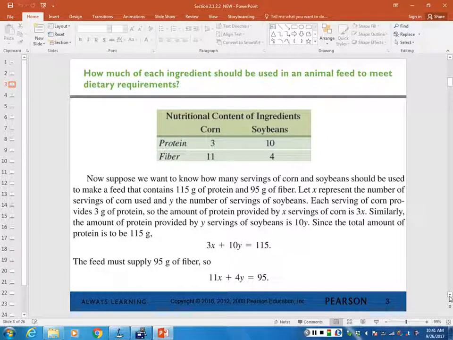Now at this point we have something called a system of linear equations. So I'm going to write down what that system is.